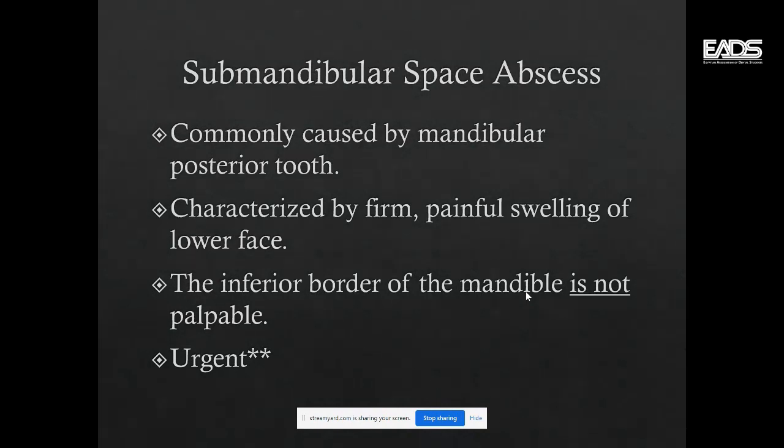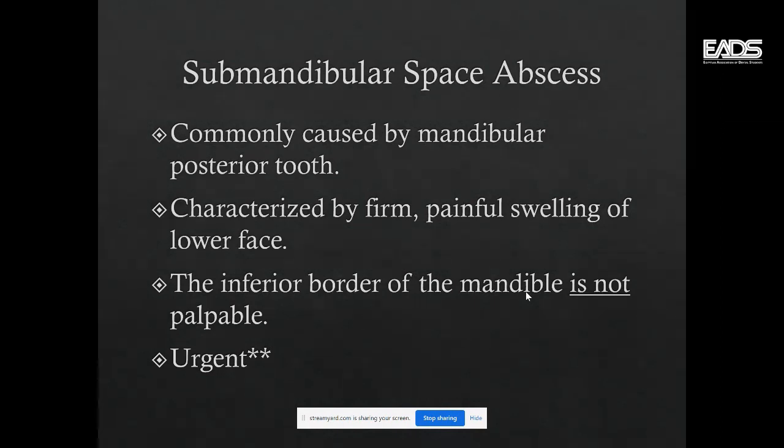The submandibular space abscess is commonly caused by mandibular posterior teeth, characterized by firm, painful swelling of the lower face. The inferior border of the mandible is not palpable, and for sure this is an urgent situation as it may lead to more complications, which are airway obstruction and maybe even the spread of the infection to the mediastinum, which might also lead to sepsis and might be fatal for the patient.